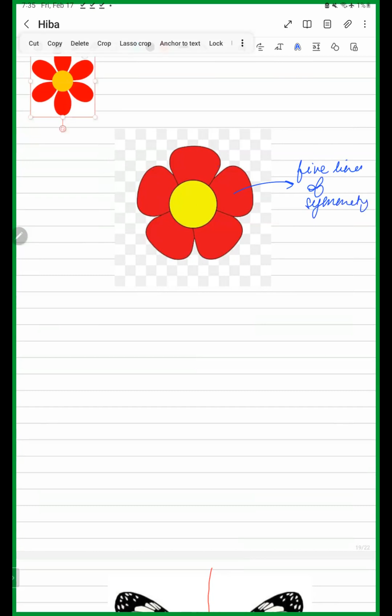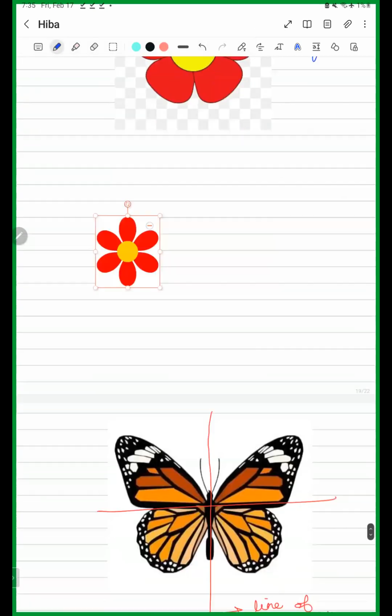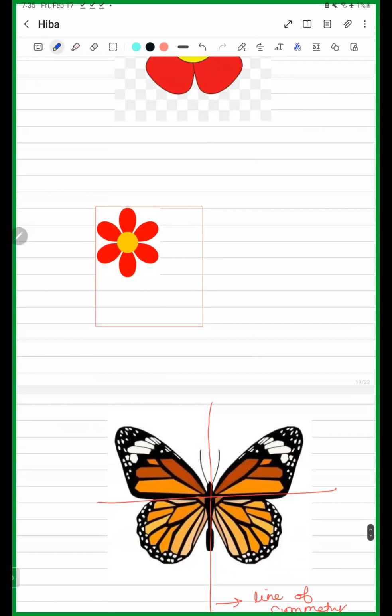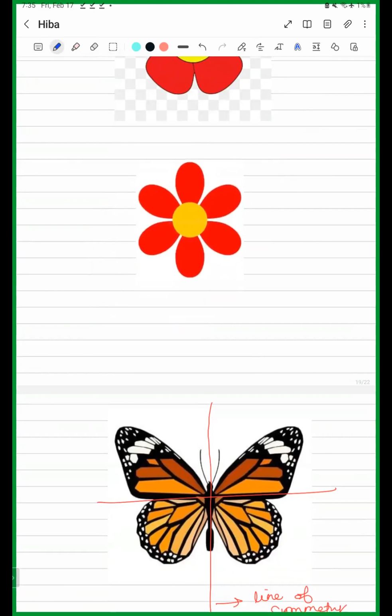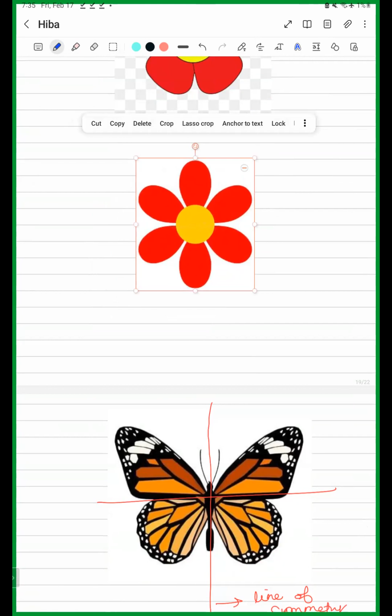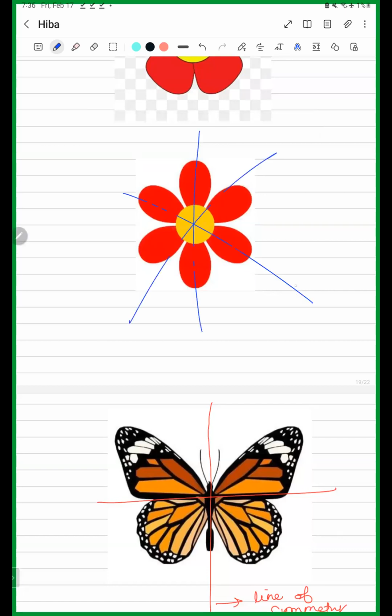Achha, similarly, can you tell me how many lines of symmetry do you think this has? Infinite? How will it be infinite, child? Infinite means every line over here is a line of symmetry. It has 4 or 5.